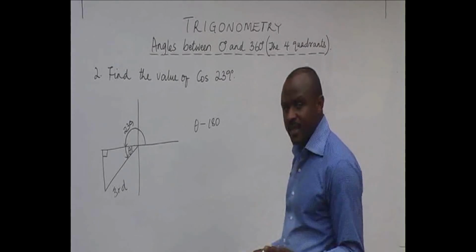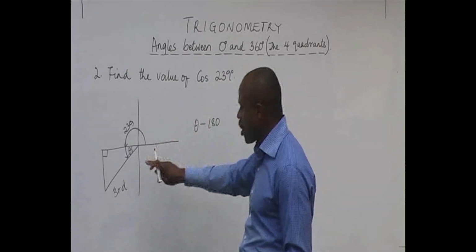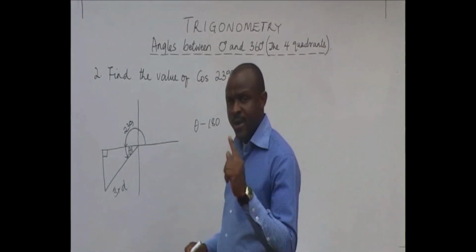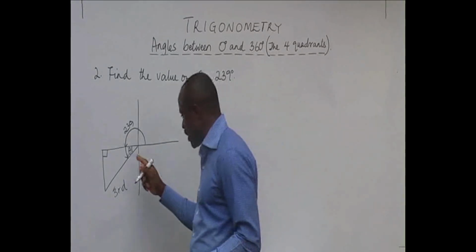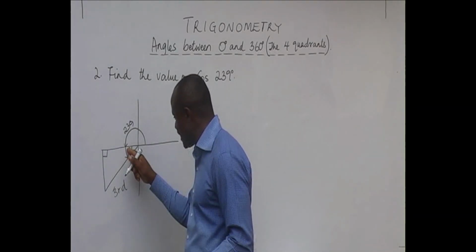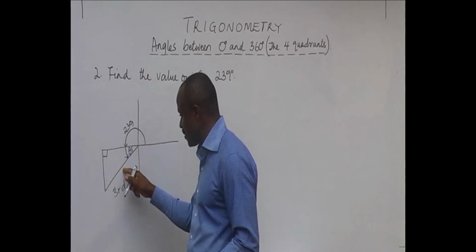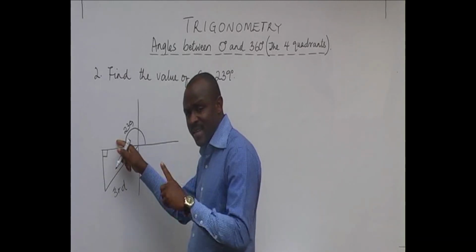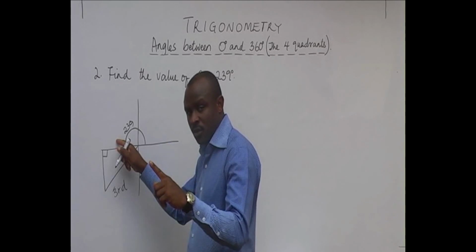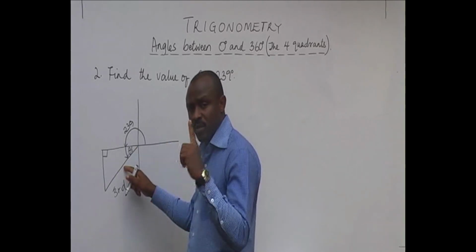You have not finished. You now ask yourself, cosine in the third quadrant, is it positive or negative? Let's check. This is the angle. Cosine is adjacent over hypotenuse. The adjacent is representing the negative part of the x-axis. The hypotenuse is always positive.